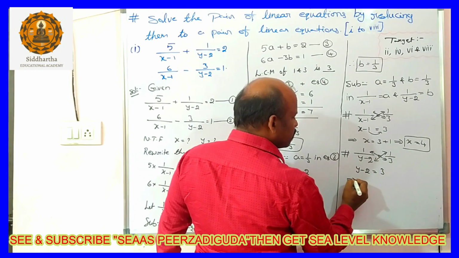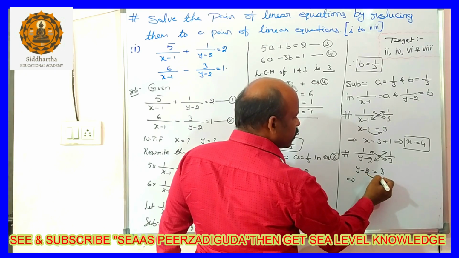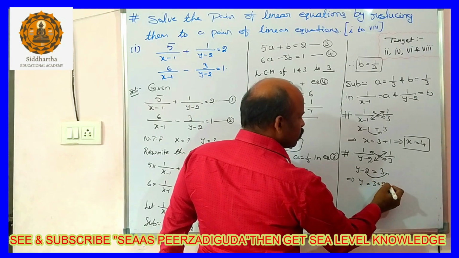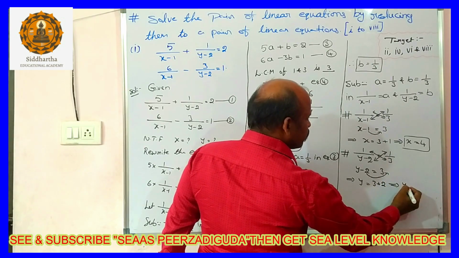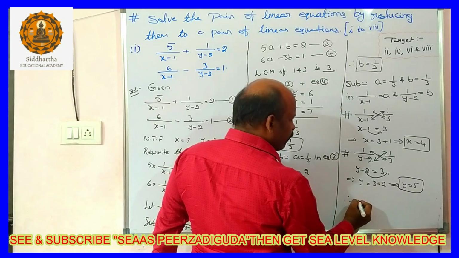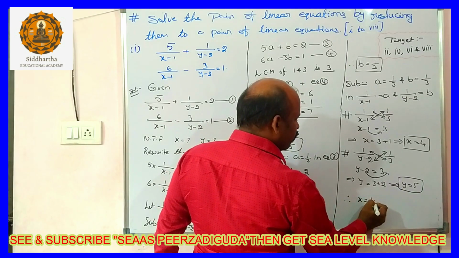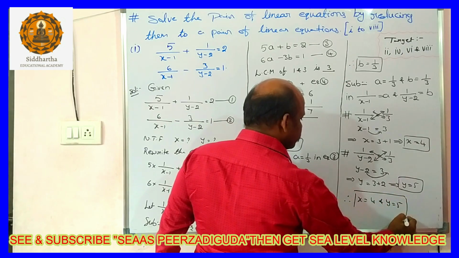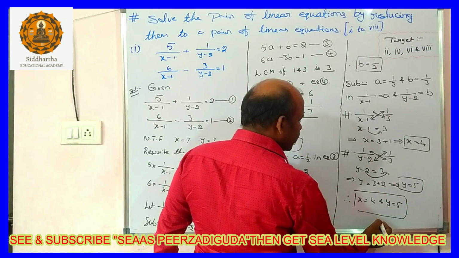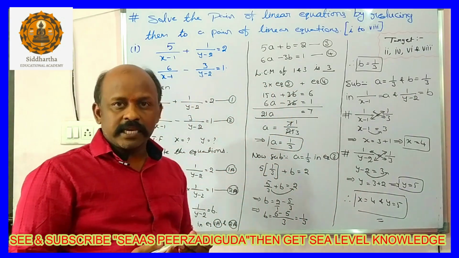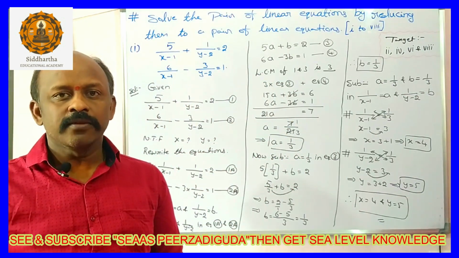This 2 I am going to take to the RHS side. y is equal to 3 plus 2, y is equal to 5. Therefore the value of x is equal to 4 and y is equal to 5. Hence we solved the given linear equations. Okay, thank you.